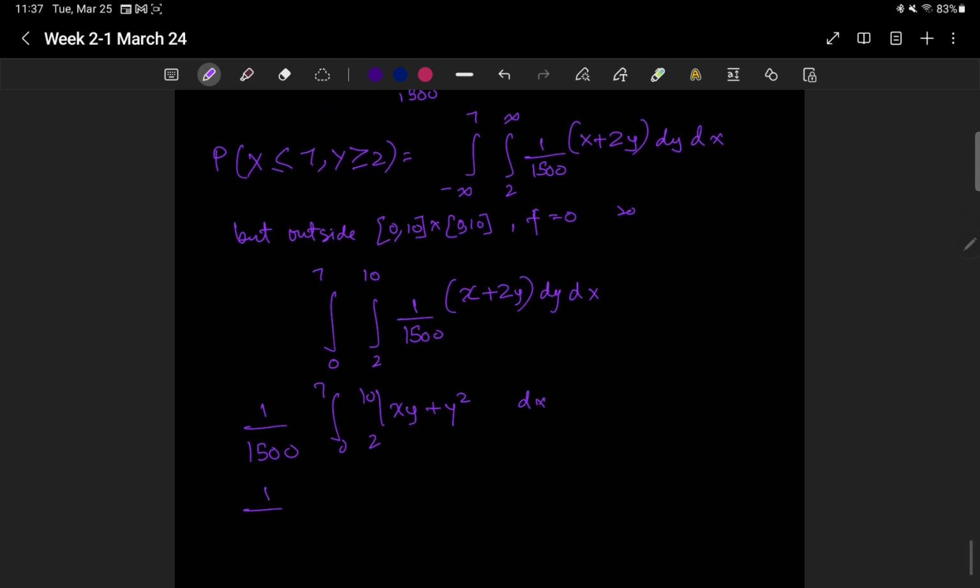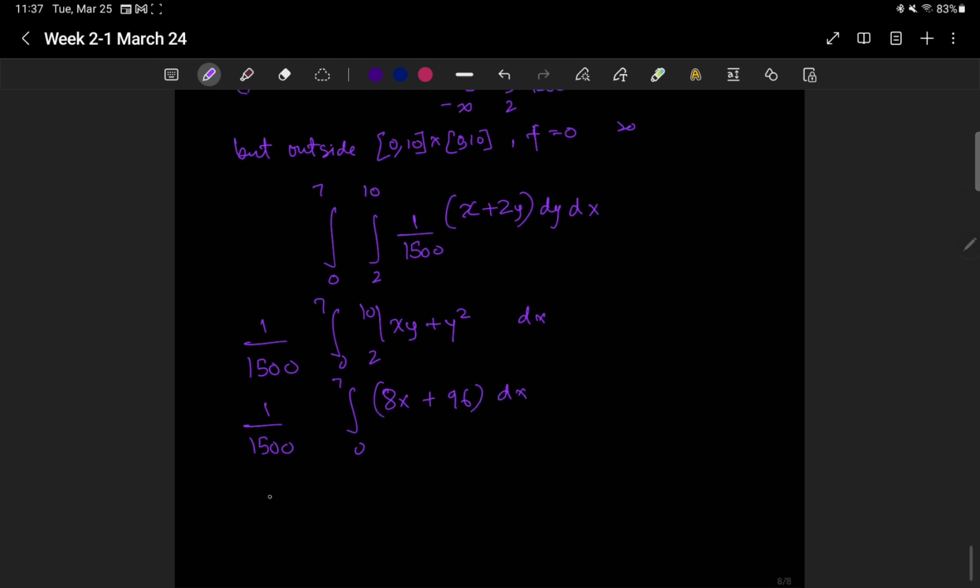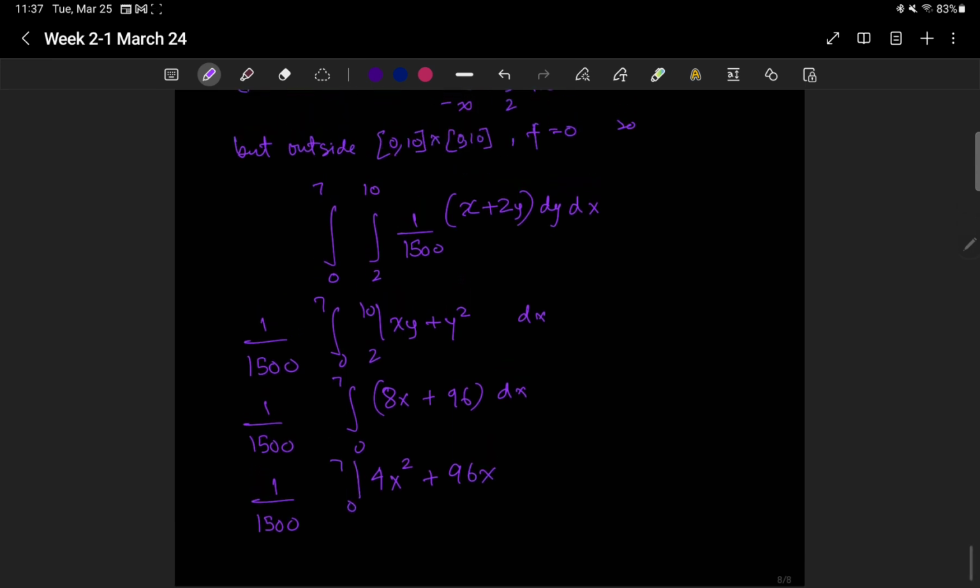What does that become? That's 1 over 1500, integral 0 to 7, 10x. Oh, that's not correct. It's not 0, it's 2 to 10. So 10x minus 2x is 8x, plus 100 minus 4, which is 96. So 1 over 1500 times the integral of 8x plus 96. That's going to be 4x squared plus 96x, from 0 to 7.